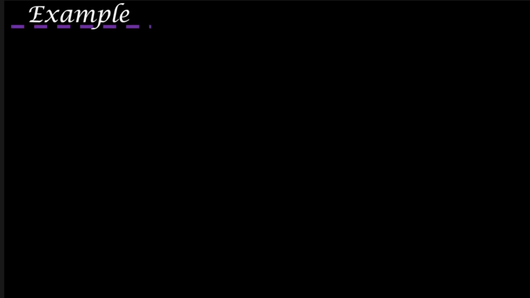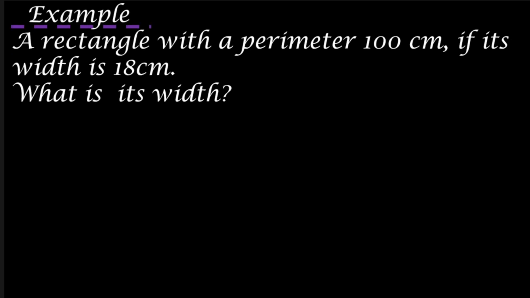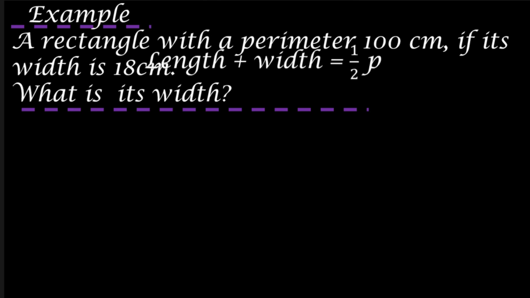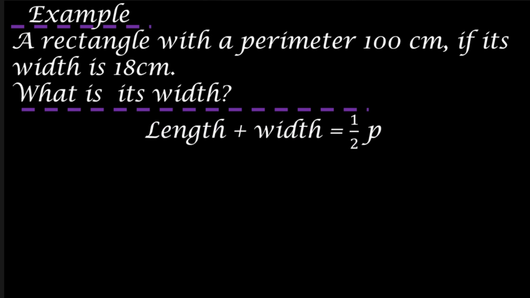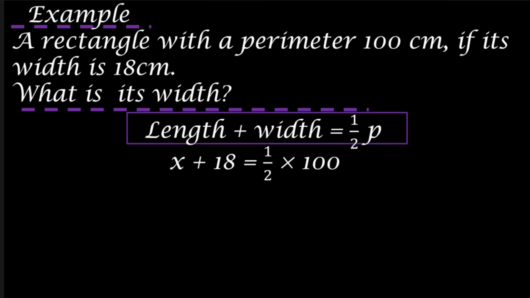Another example, a rectangle with a perimeter 100 centimeter. So we have here the perimeter. If its width equals 18 centimeter, what is the length? To find the length, we use the relation here. The relation is what? Length plus width equals half perimeter. So let length equal x, so x plus 18 equals half of 100.